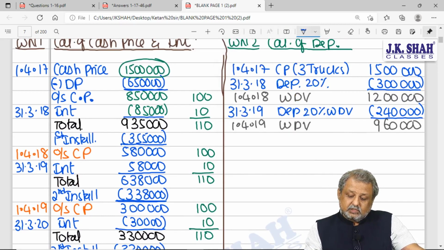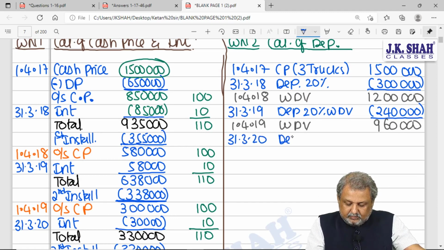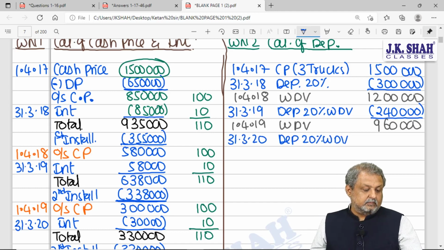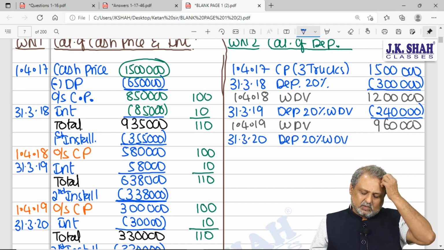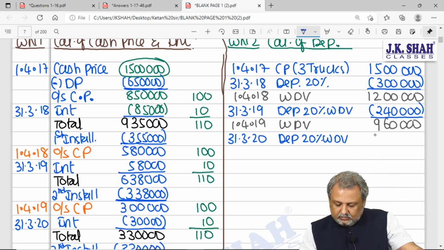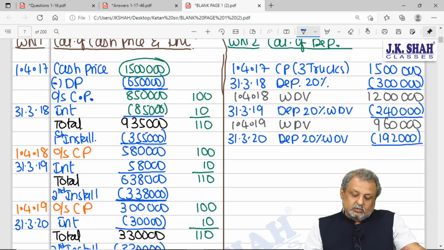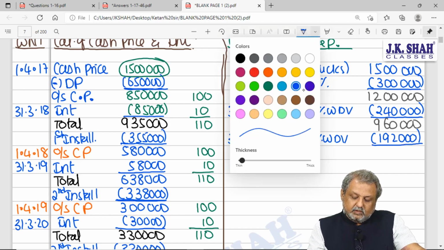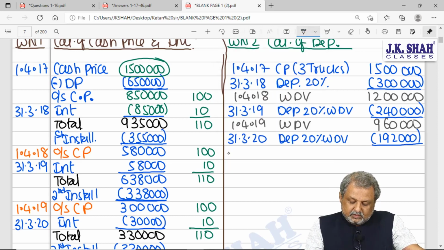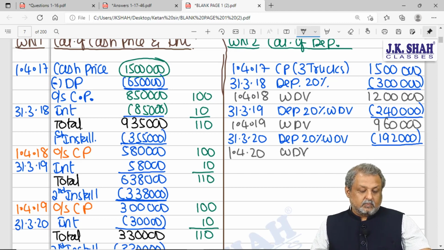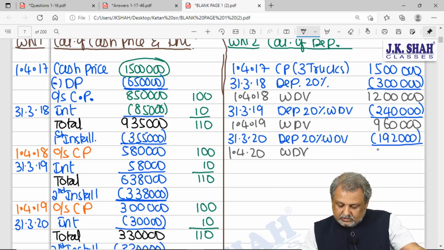Then once again 31st March 20, depreciation 20% of WDV, 1,92,000. So 1st April 20, or you may say 31st March 20, one and the same, the WDV is 7,68,000.